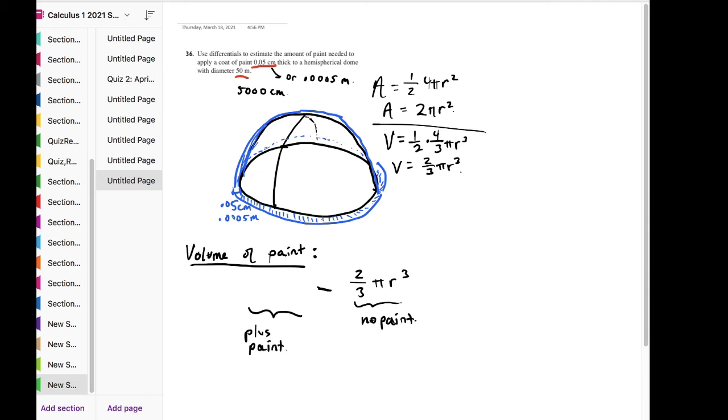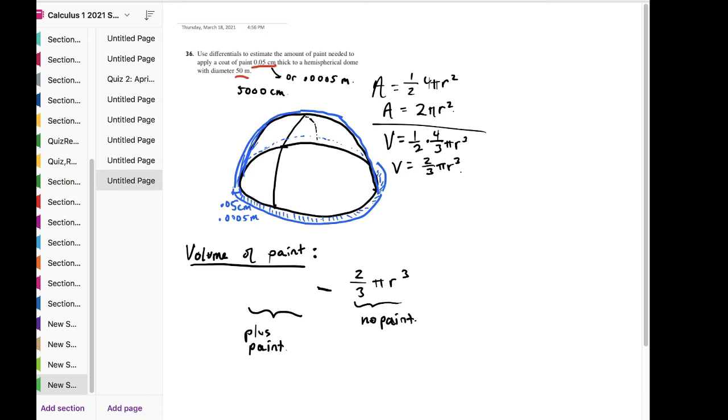Use dr if you can, or delta x, maybe. Good, yeah. So plus paint.